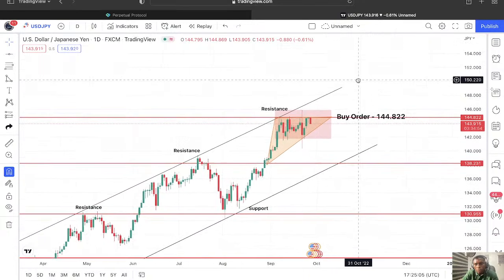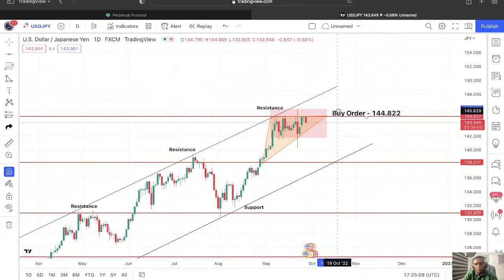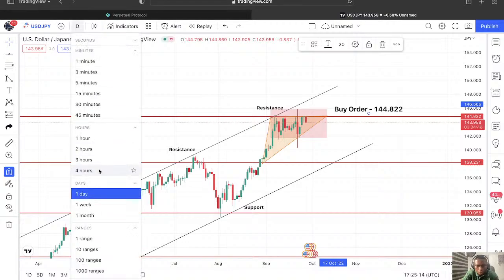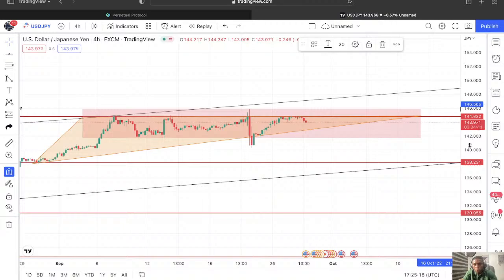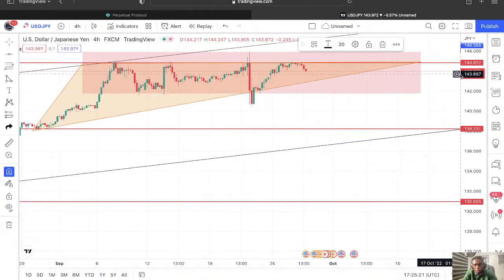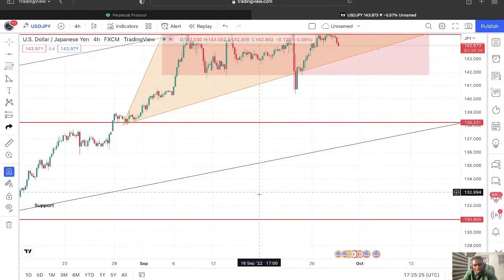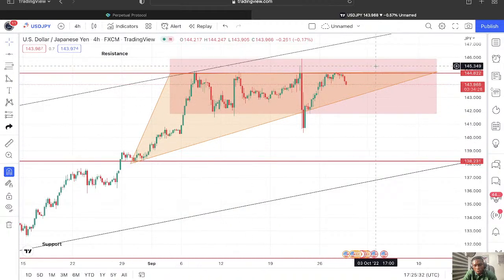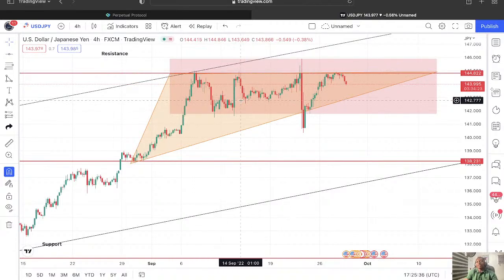But then to get a clearer view or a clearer entry, let's go down to the lower time frame, say 4 hours, so that we can see some good. So now, do you see what I'm saying? Do you see it clearly on the 4 hours now? You see that the price is tilting towards the upward direction, consistently.